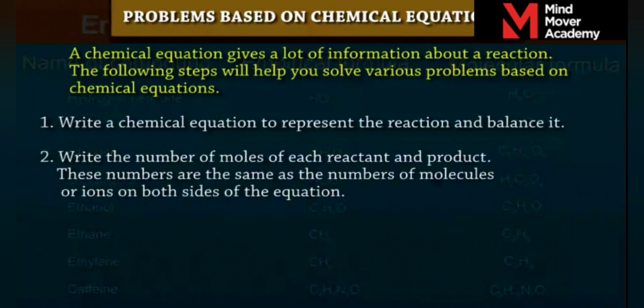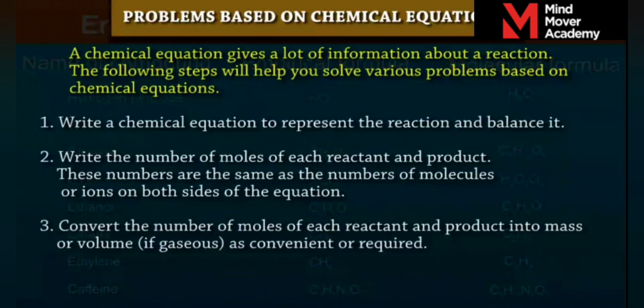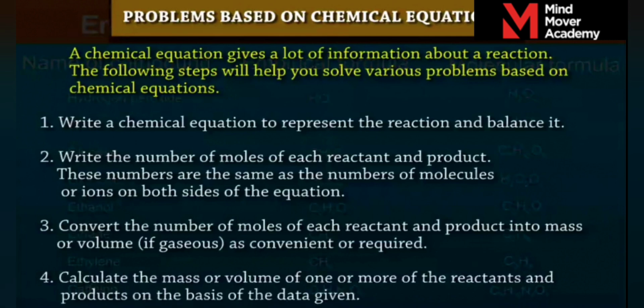Second, write the number of moles of each reactant and product. These numbers are the same as the numbers of molecules or ions on both sides of the equation. Third, convert the number of moles of each reactant and product into mass or volume if gaseous, as convenient or required. Fourth, calculate the mass or volume of one or more of the reactants and products on the basis of the data given.